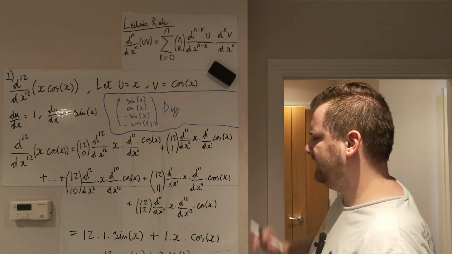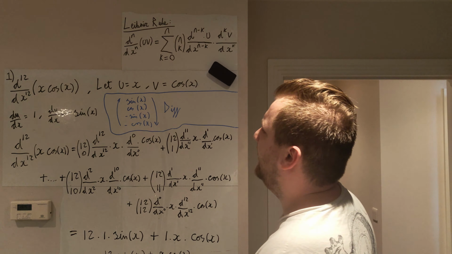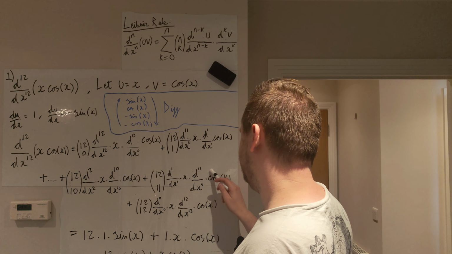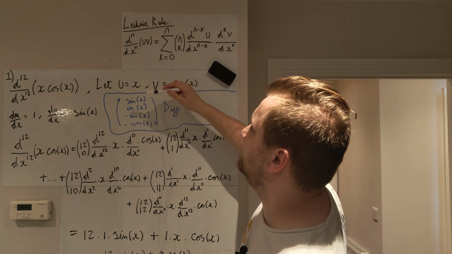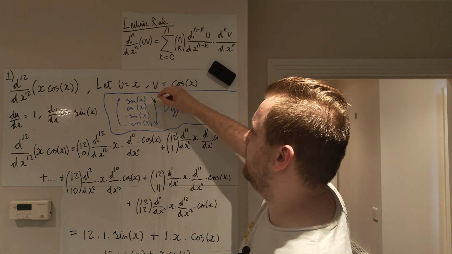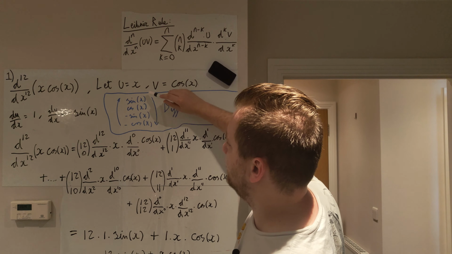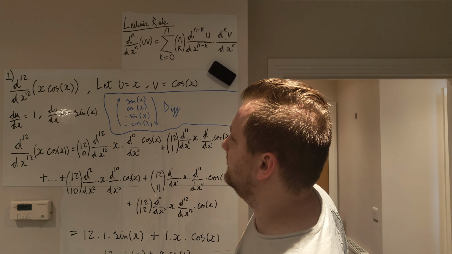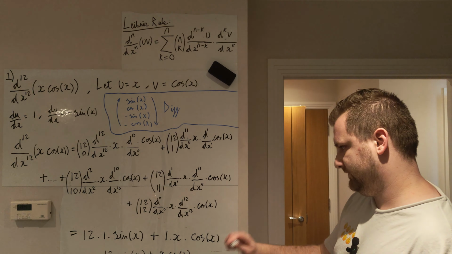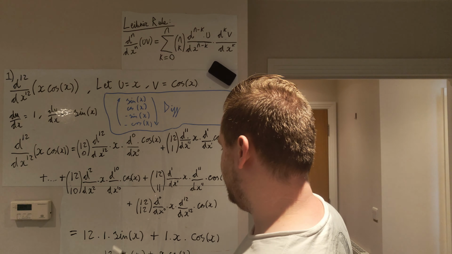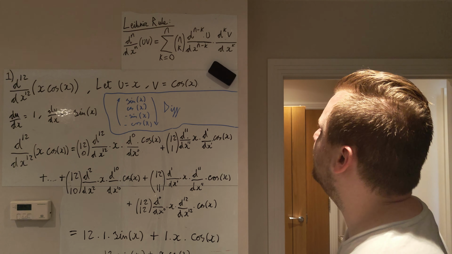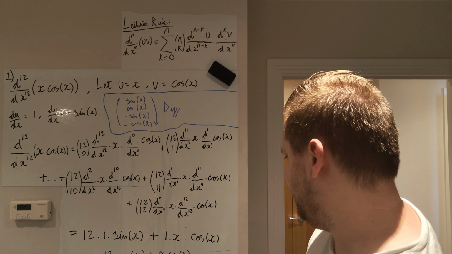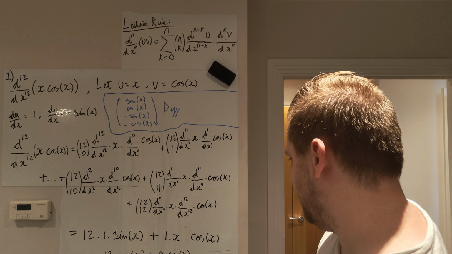For the 11th time, you'd just do 1 less. So 1, 2, 3, 4, 1, 2, 3, 4, and you'd fall short by 1. We're not integrating, we're not going back up, we're just differentiating 1 less time. That leaves us with sine of x for that one. Hopefully that makes sense. I feel like that's not too bad.